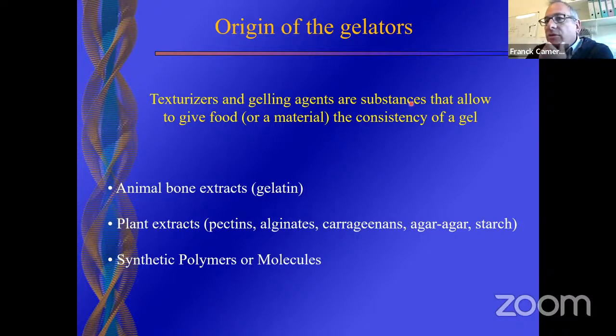You probably know that you can extract some gelling agent from animals, especially from bones, which is called gelatin. You can also extract gelling agents from plants, such as pectin, and from algae. And you can also synthesize some gelling agents such as polymers or small molecules.